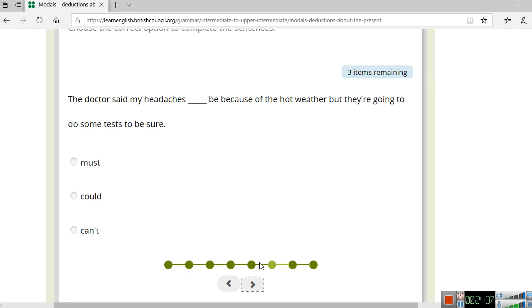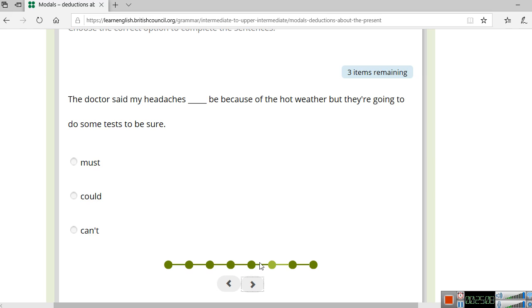Let's continue with Angie. The doctor said my headaches blank be because of the hot weather, but they're going to do some tests to be sure. So what do you think is the option right there? Okay. The doctor said my headaches could be because of the hot weather, but they are going to do some tests to be sure.